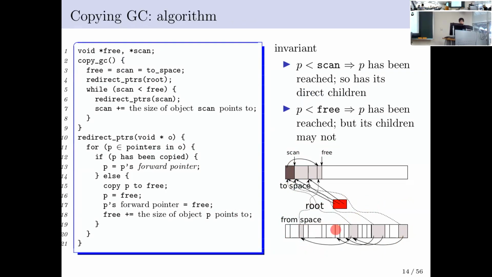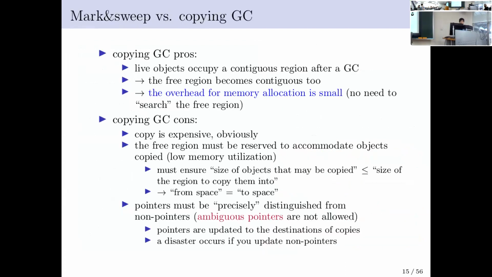The garbage collection needs to happen when half of the memory is full. So at best, the memory utilization is 50% in this very basic scheme.